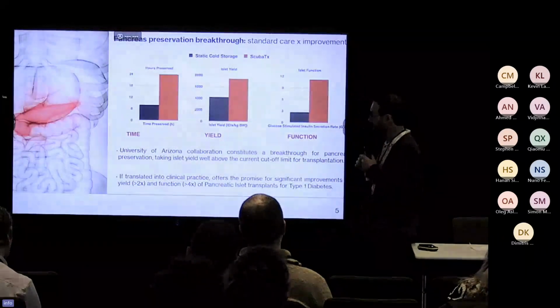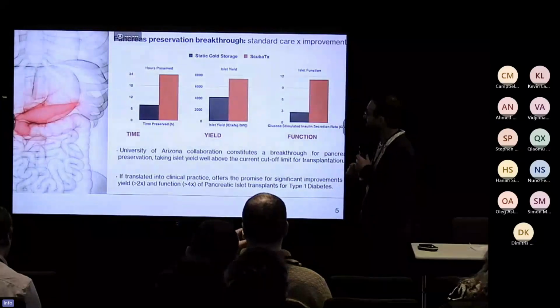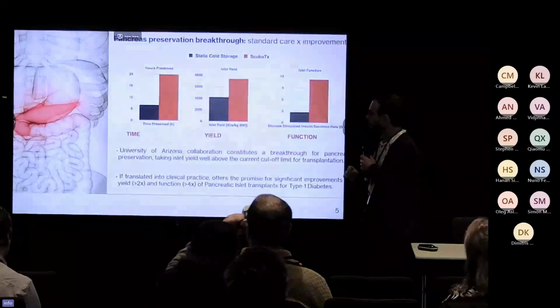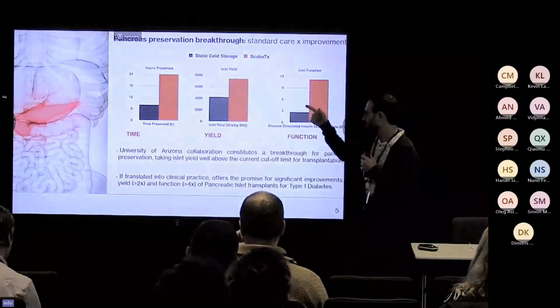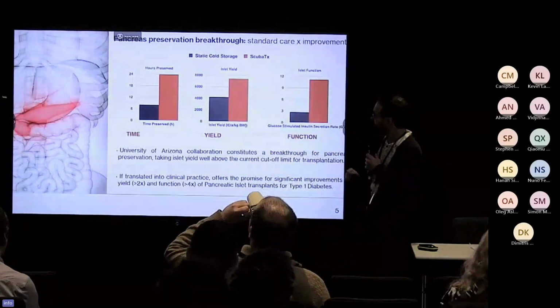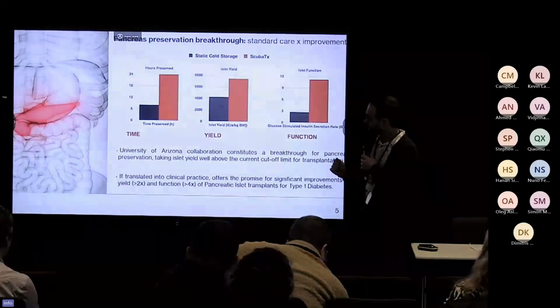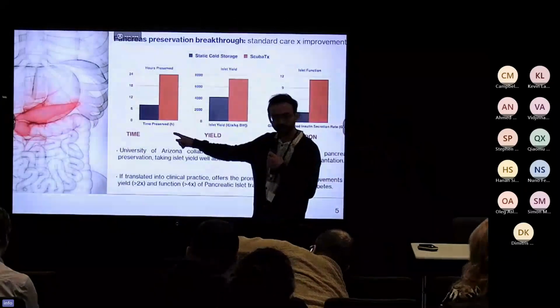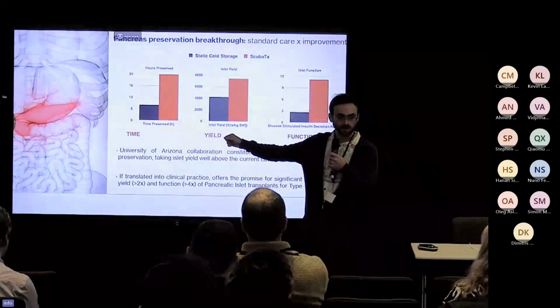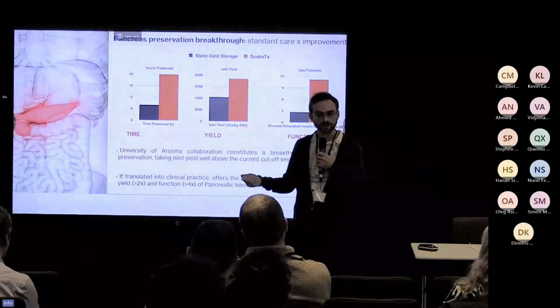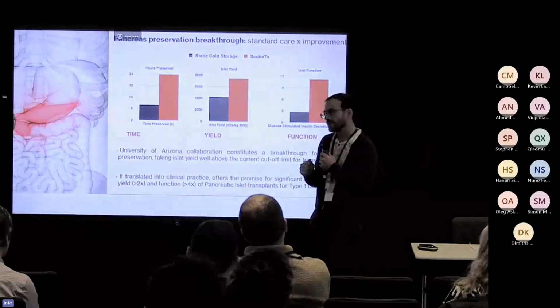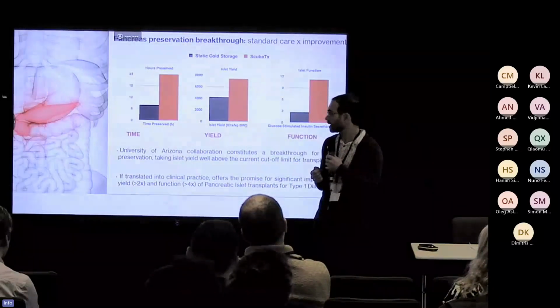What Bill's research did back in Arizona when he was in the US was that with persufflation, you get 4 times the time, almost 2 times the yield, and almost 4 times the function. Why does that matter? This changes the geography of where you can take your organ to. It changes the logistics. You don't need to do it overnight or on a Sunday evening. And it changes the transplant pool, if you like.